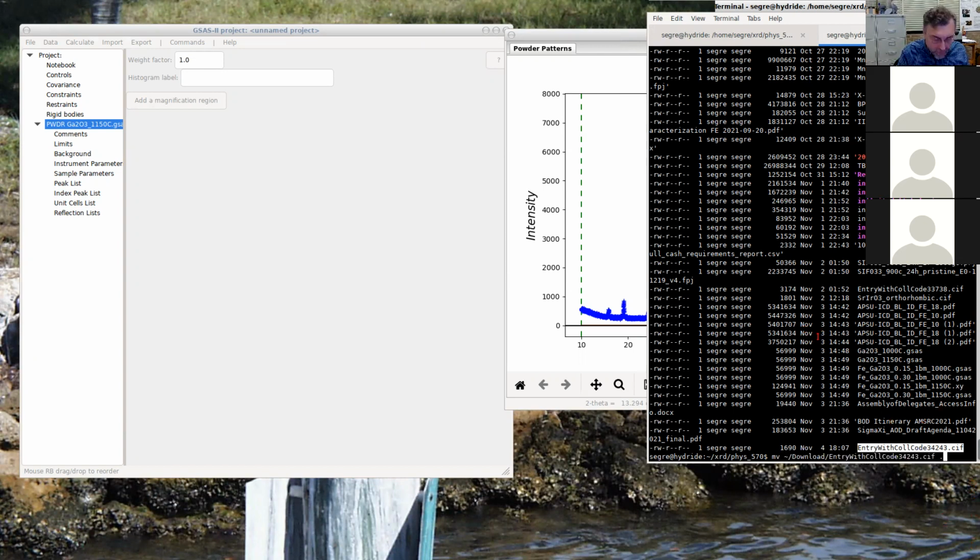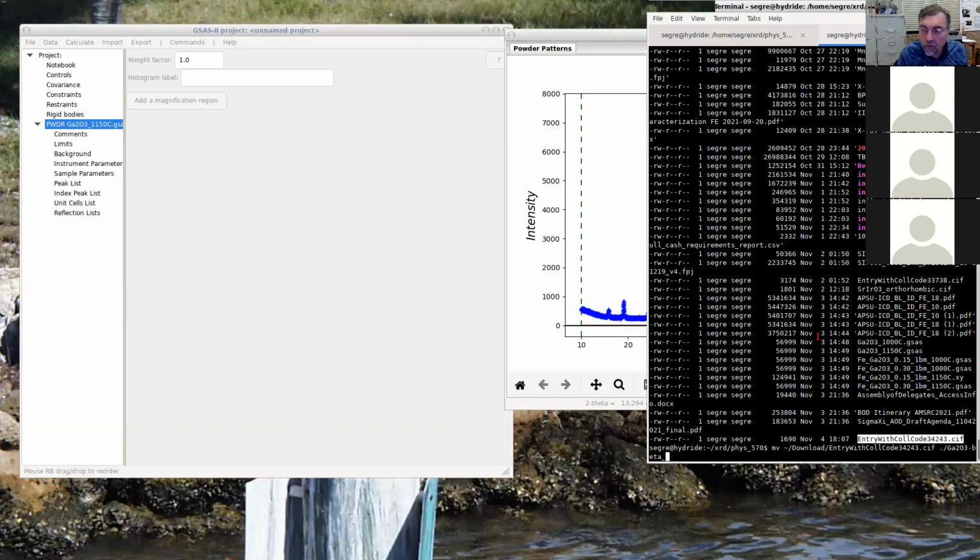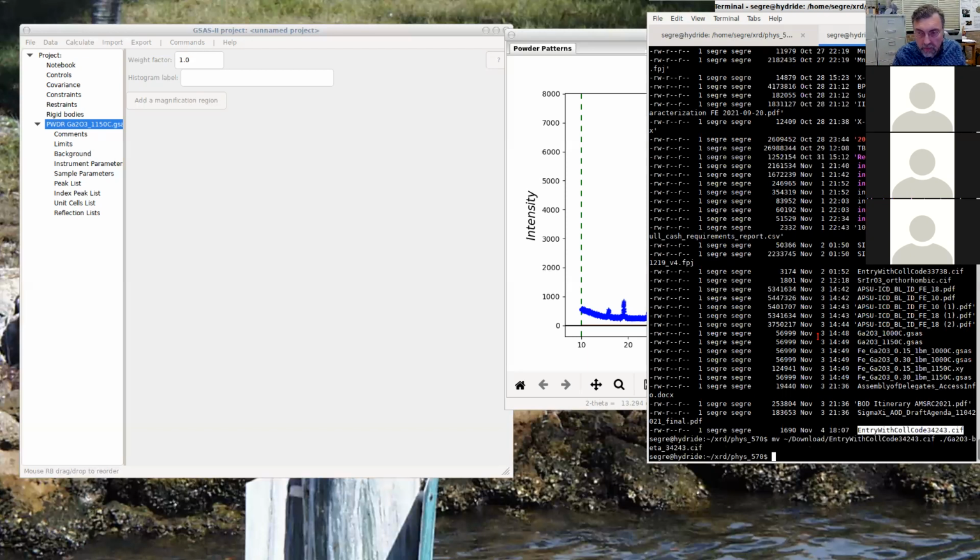And just in order for me to tell what it is, I'm going to call it gallium-203 beta, underscore, and then collection code 34243. So this tells me now that this is the beta phase. So I have my data.